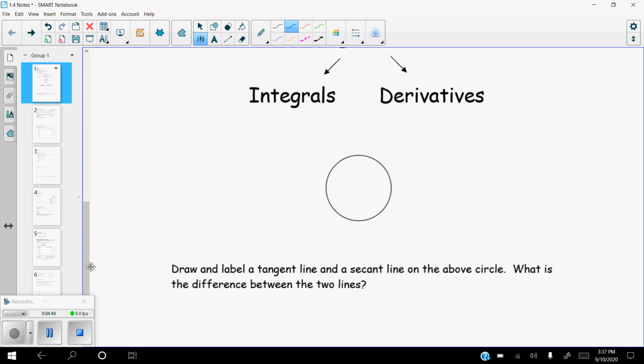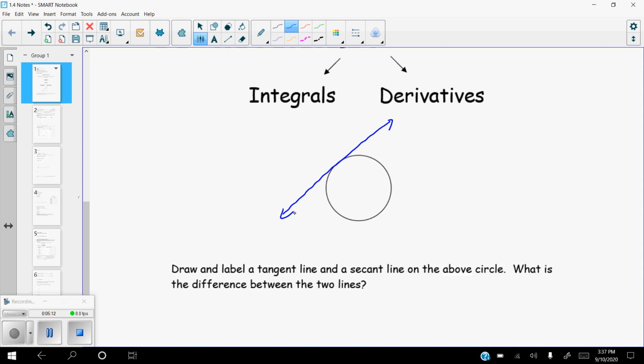Most of us remember tangent line. A tangent line might look something like this, and you could have drawn it in a whole bunch of different places. Whoops, that is a bad tangent line. Let me redraw that. A tangent line might look something like that. What you should notice is that my tangent line basically hits the outside of the circle.